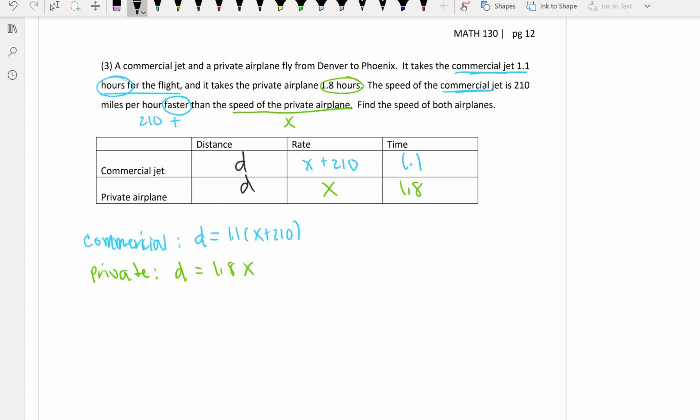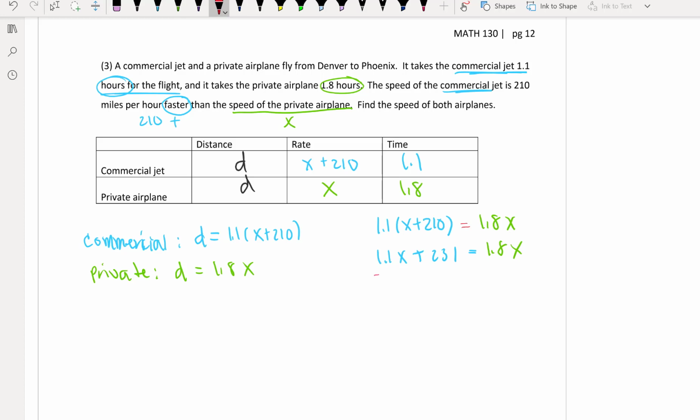It's exactly the same on both for distance, so I'm going to set them equal to each other. So 1.1 times x plus 210 is the same distance as that 1.8x. So now when I distribute, 1.1x plus 1.1 times 210, that's going to give me 231. And that's still equal to my 1.8x.